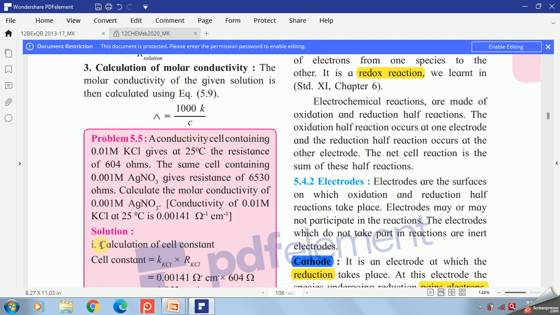So first we have to calculate the cell constant. So cell constant formula is conductivity of solution multiplied by resistance of that solution. So conductivity of 0.01 molar KCl is given, and the resistance is 604.